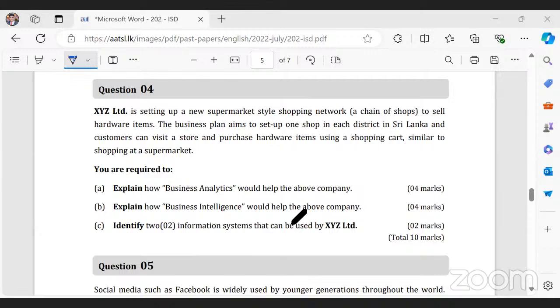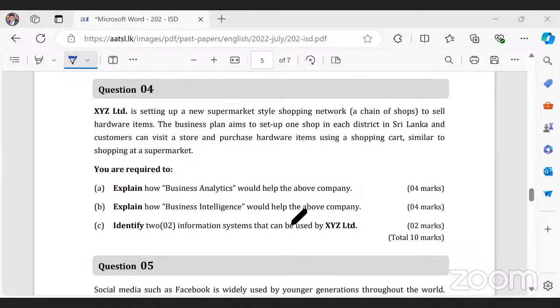As I explained, data mining along with all these activities. Now, there are different types of analytics: prescriptive, predictive, and diagnostic analysis.